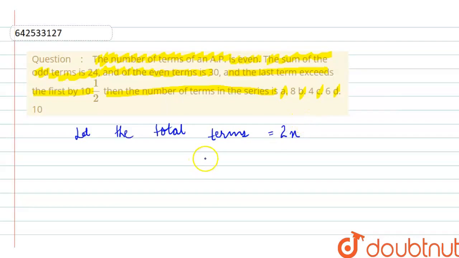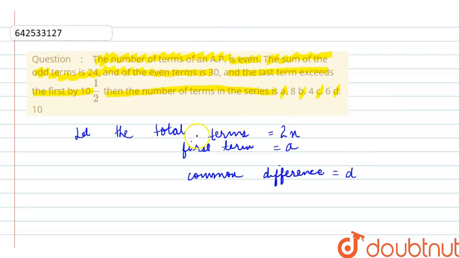The first term is A and the common difference is D. Also it is given that the last term exceeds the first term by 10 and a half. So last term minus first term, where L is the last term and A is the first term, has a difference of 10.5. I'm marking it as equation number 1.